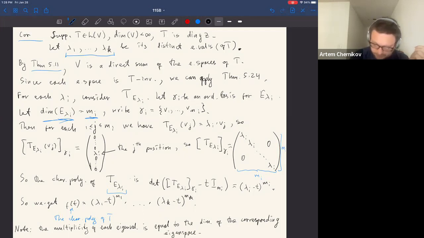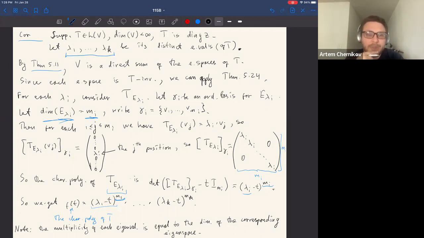Because remember, the multiplicity means the power with which such a monomial enters the polynomial, the maximal power for which the monomial divides the polynomial. This is algebraic multiplicity. But here we get that this is exactly m1, for example, for lambda 1, and in general mi for lambda I, where mi is the dimension of the eigenspace. Okay? So we have this very nice picture for the case of a diagonalizable operator. Later on, we'll try to understand what happens in more general situations.